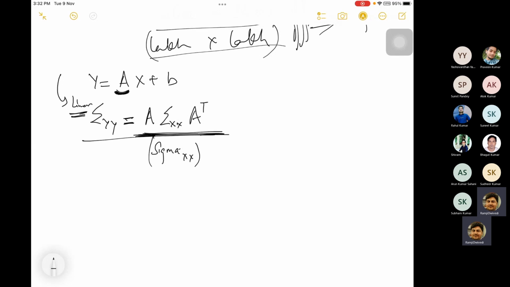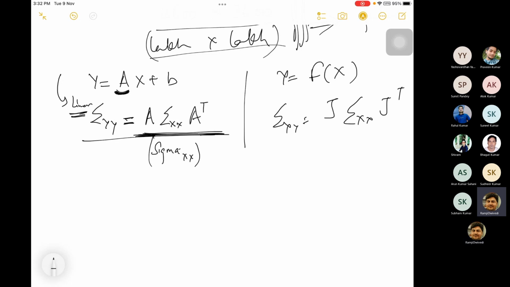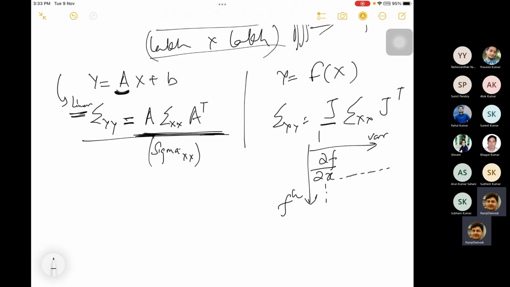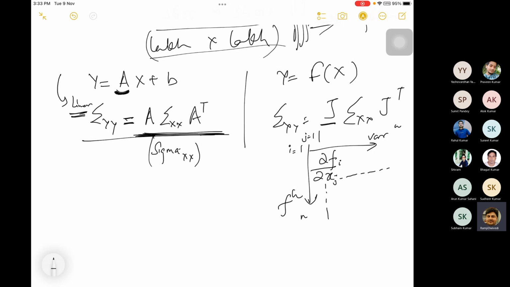That's why it is written as A. For a non-linear model, where y is equal to f(x), sigma yy is nothing but Jacobian sigma xx Jacobian transpose. And you know that the Jacobian is nothing but, in the columns the number of variables, in the rows the functions, they are del f by del x. So the variables go here, the functions go here. So i is equal to 1 to n, and this is j, so j is equal to 1 to n. That's it. Okay.